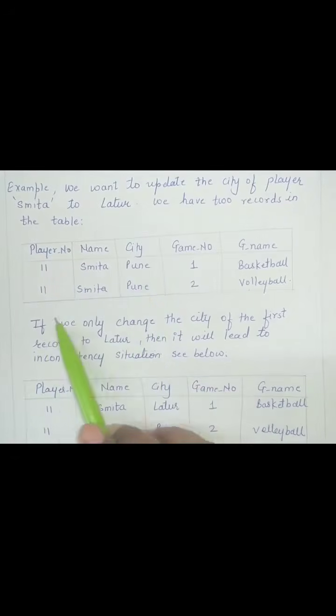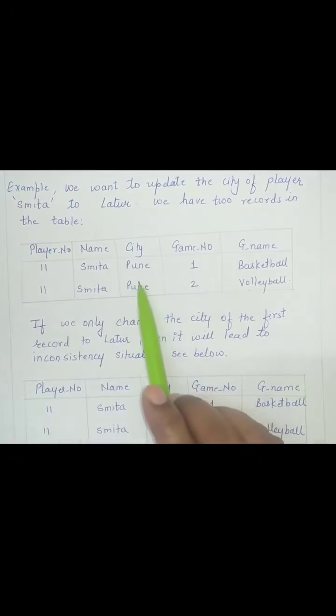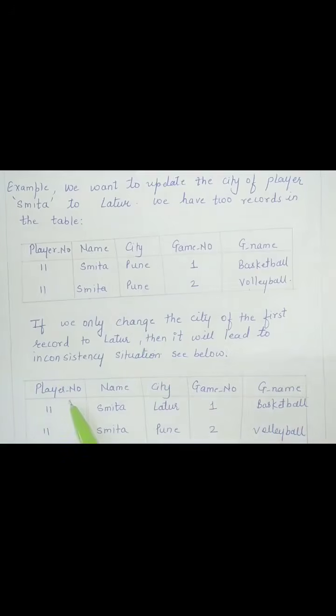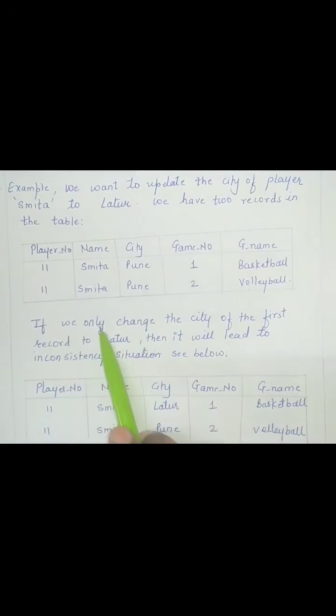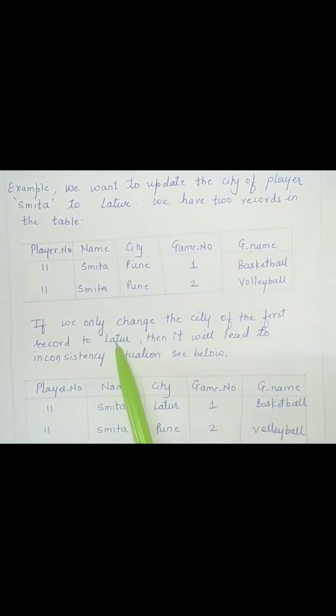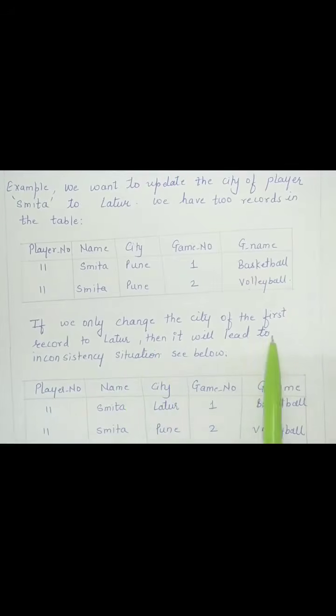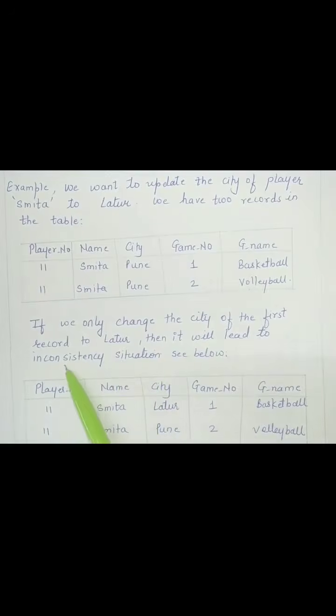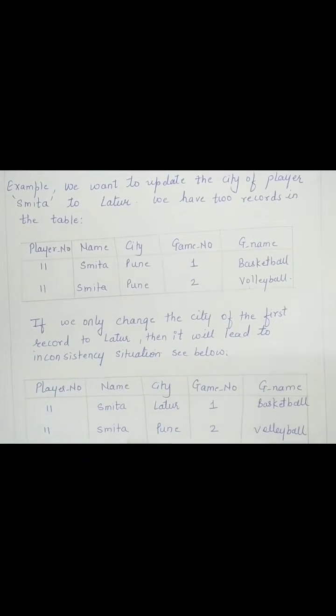But if we haven't updated one of the rows, and one of the cities is still Pune, then what will be the case? If we only change the city of the first record from Pune to Latur, it will obviously lead to an inconsistent state.